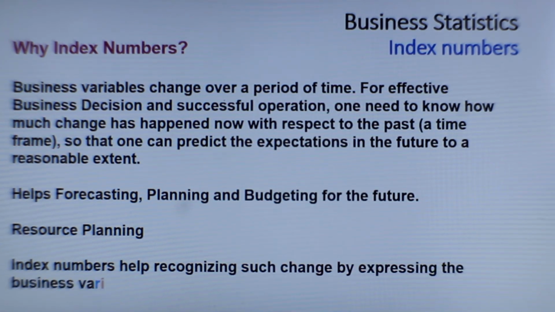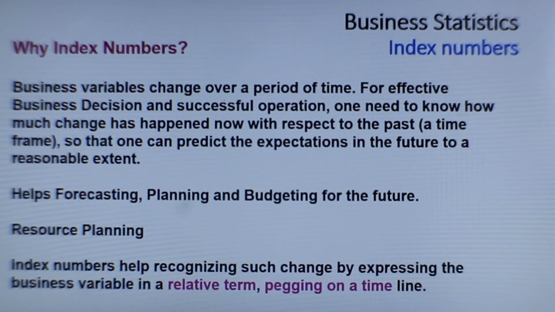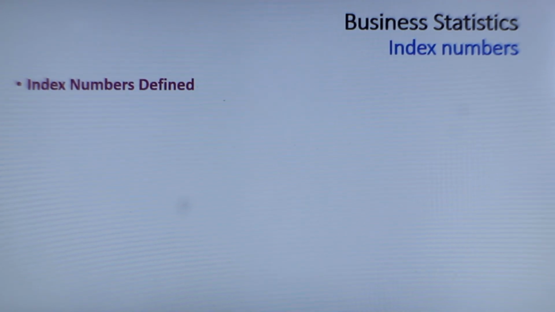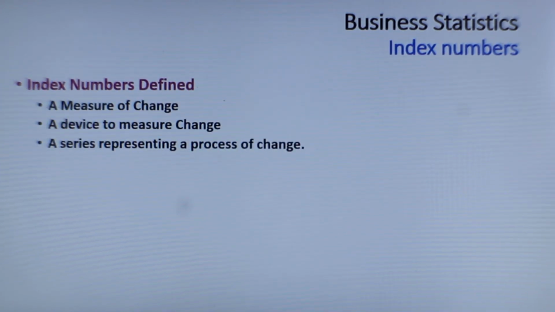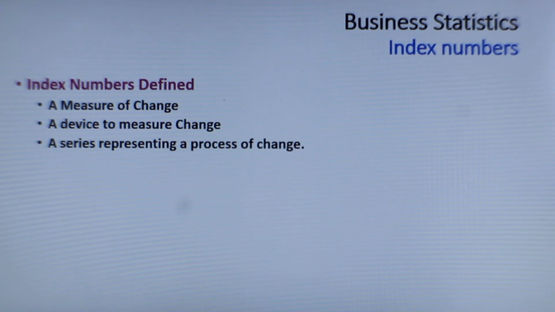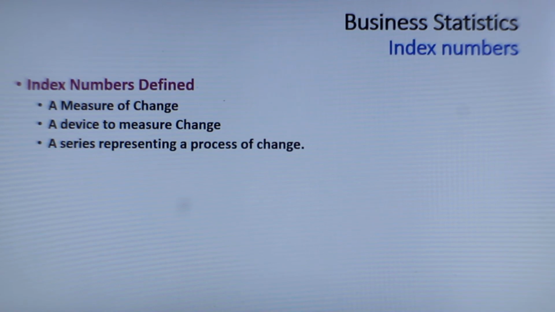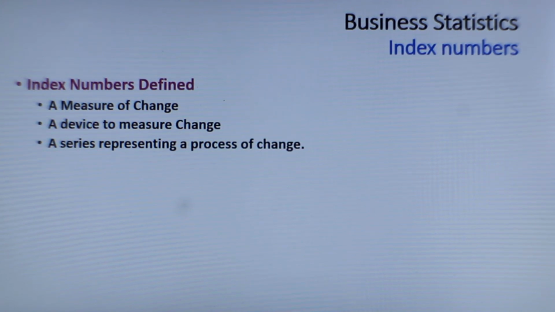Index numbers help recognize such changes by expressing the business variables in relative terms pegged on a time scale. Index numbers are a measure of change, a device to measure change, and a series of index numbers or indices represents the process of change. One can really study how the variations of a particular index keep moving from a past period to the current period over several years.